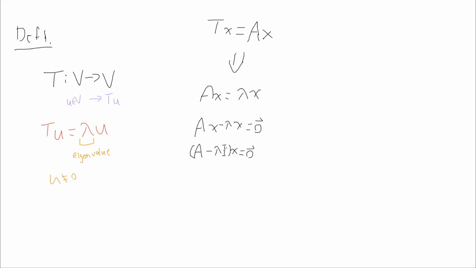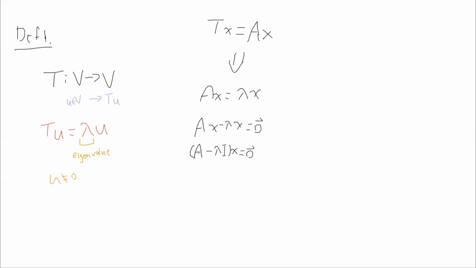All right, so here is something interesting. Notice that I added an I, which means the identity matrix, because lambda is a scalar. In order for two matrices to subtract, we want them to have the same dimension. So whatever dimension A is, that's the dimension I is going to be.